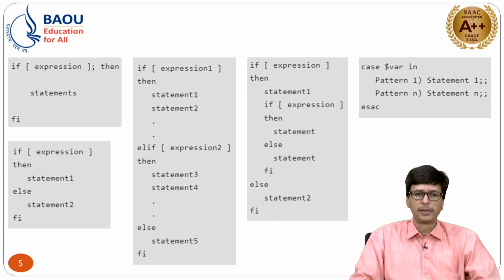Then at the end, if none of the conditions you have checked are satisfied, the else part you put here will be executed. Under this else, whatever statements are to be executed if no condition is satisfied in all the previous if and elif statements, and obviously this block will be finished with fi.